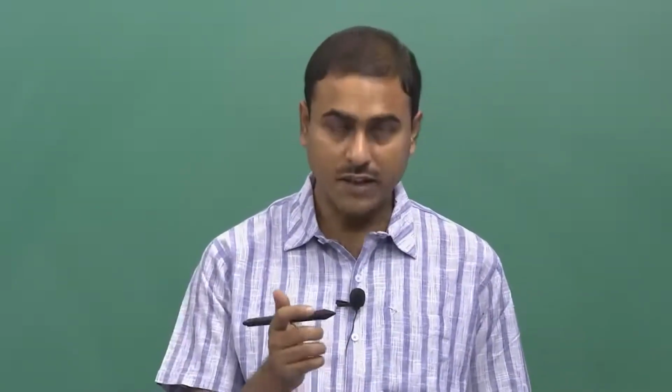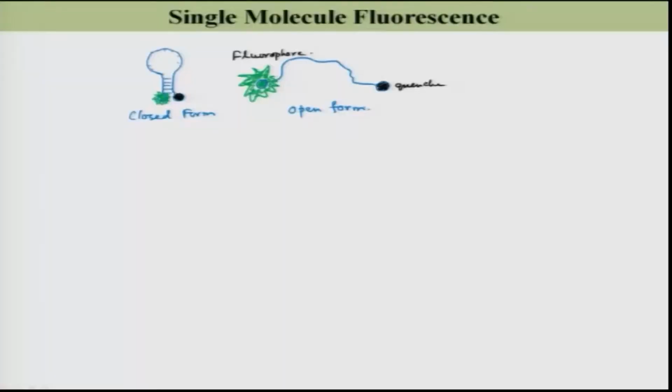So if I now draw the fluorescence intensity of the closed form and open form, let us say this is the fluorescence spectrum of the closed form, lambda emission versus intensity, this is the closed, and let us say this is the fluorescence intensity of the open form.